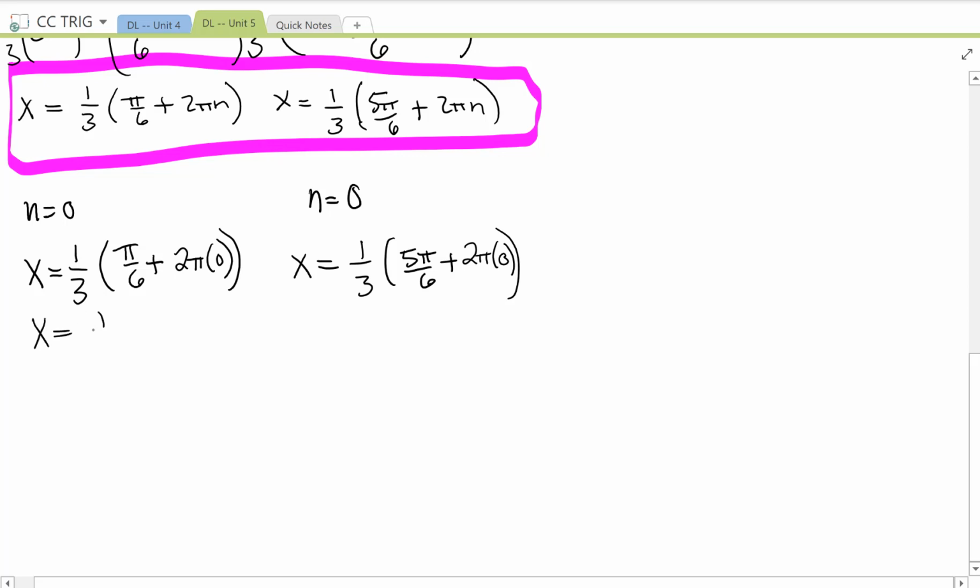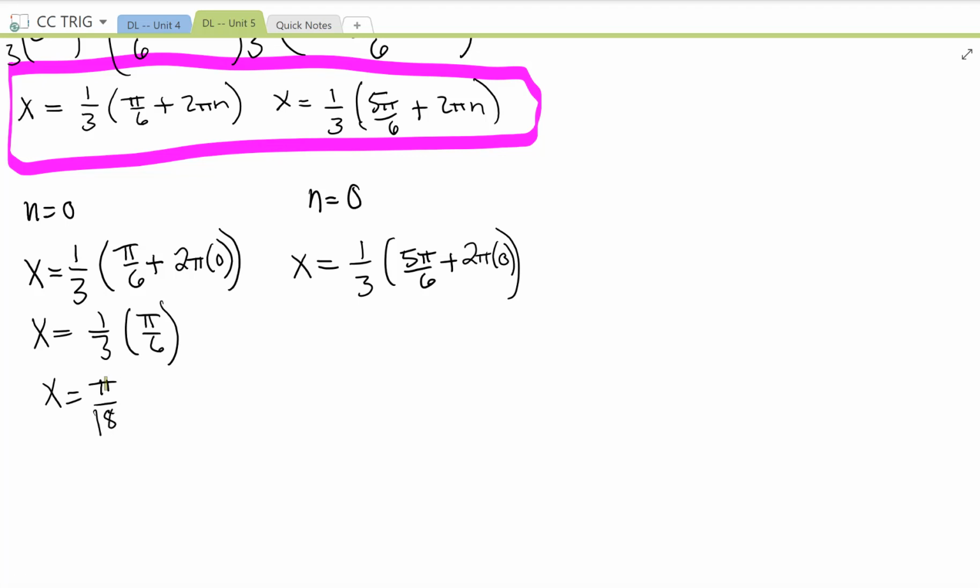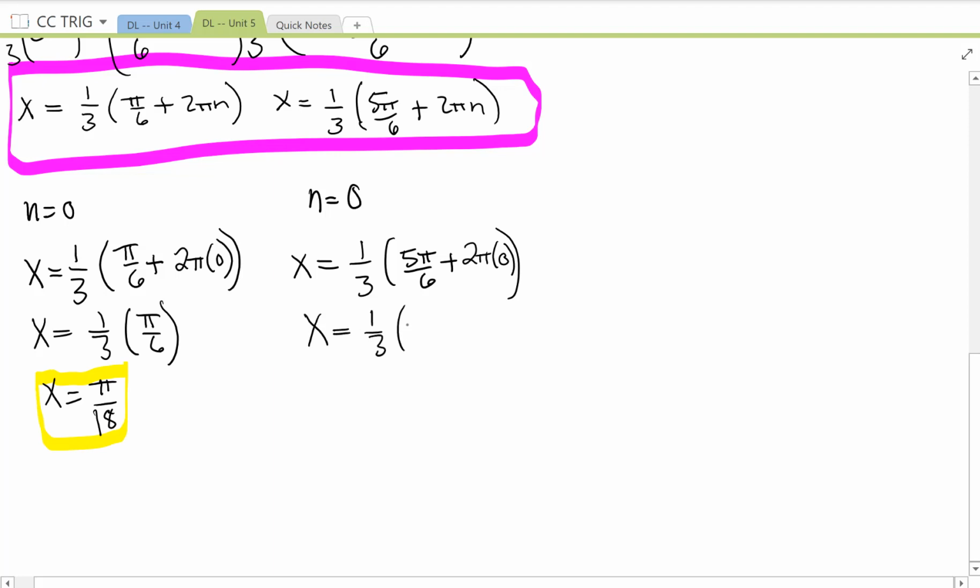This is 1/3 times pi over 6, and that is pi over 18. Yay, we found our first answer between 0 and 2 pi. x equals 1/3 times 5 pi 6th plus 0, and we get x equals 5 pi over 18.